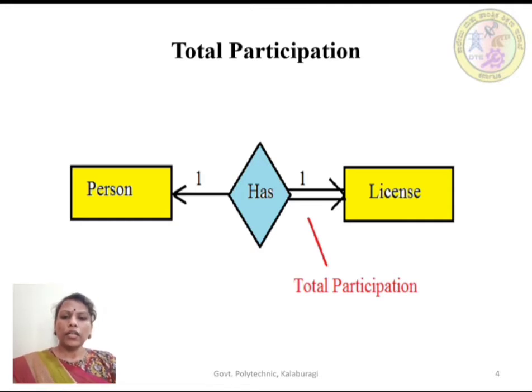That means it is not mandatory that all the entities in the person entity type must have a license, right? So in this person entity type, not all the persons have a license, whereas in this license entity type, whatever instances are there, each instance must belong to some person, right? So that is where total participation comes into the picture. Okay, let's see in detail.